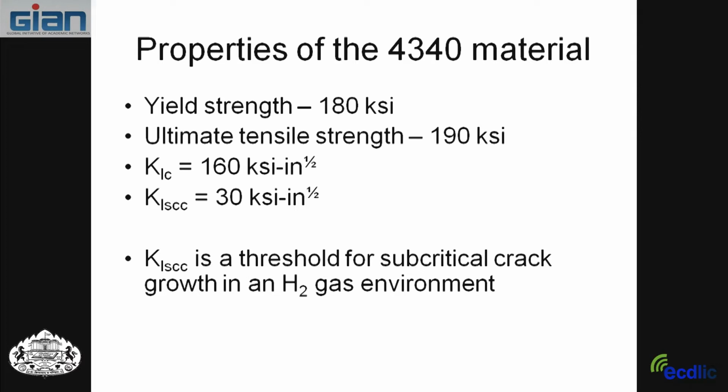So this was a generator division, so we worked on this problem pretty much day and night for a little while. Here are the properties of that material. K1C is pretty high, K1SCC was pretty low. You remember K1SCC is the threshold for subcritical crack growth in hydrogen gas for this material.